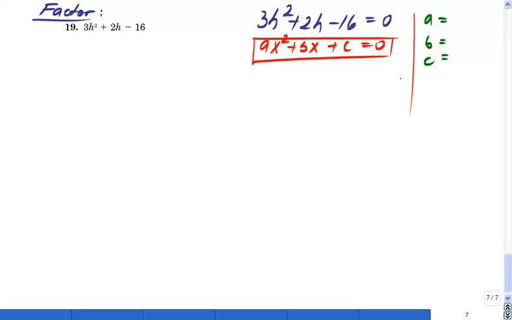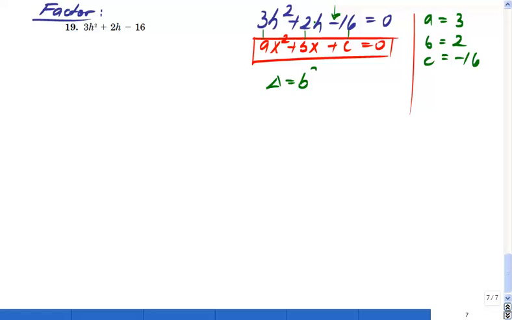What is your a? A is the coefficient of your quadratic term, which is 3 in this case. What is your b? B is the coefficient of the first degree term, which is 2. And what is your c? The free term, the number. Make sure you take the sign in front of it. That's negative 16.